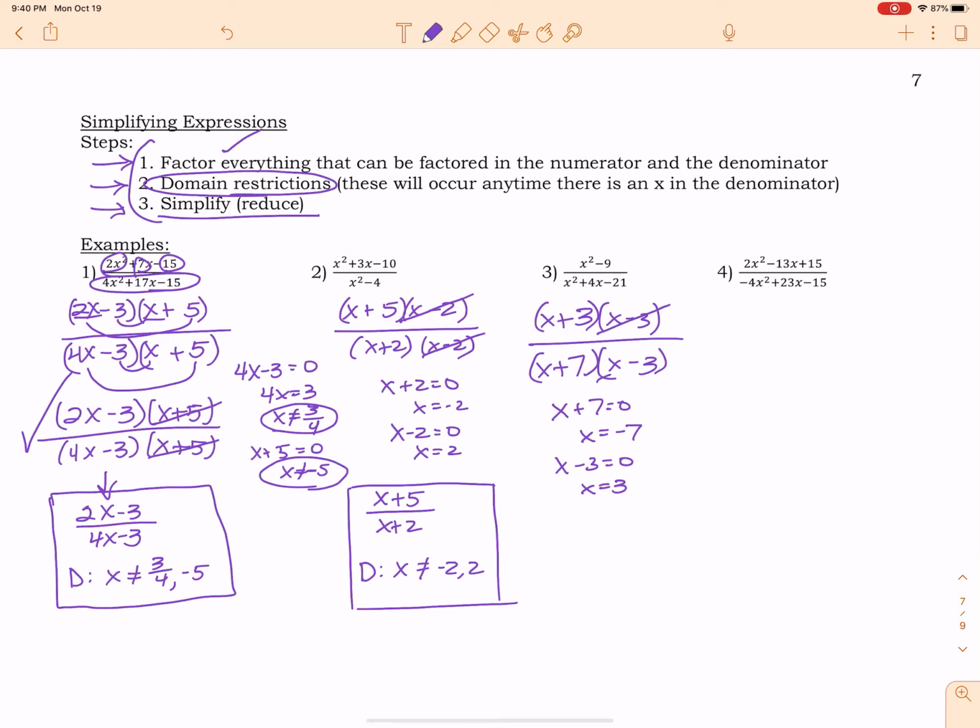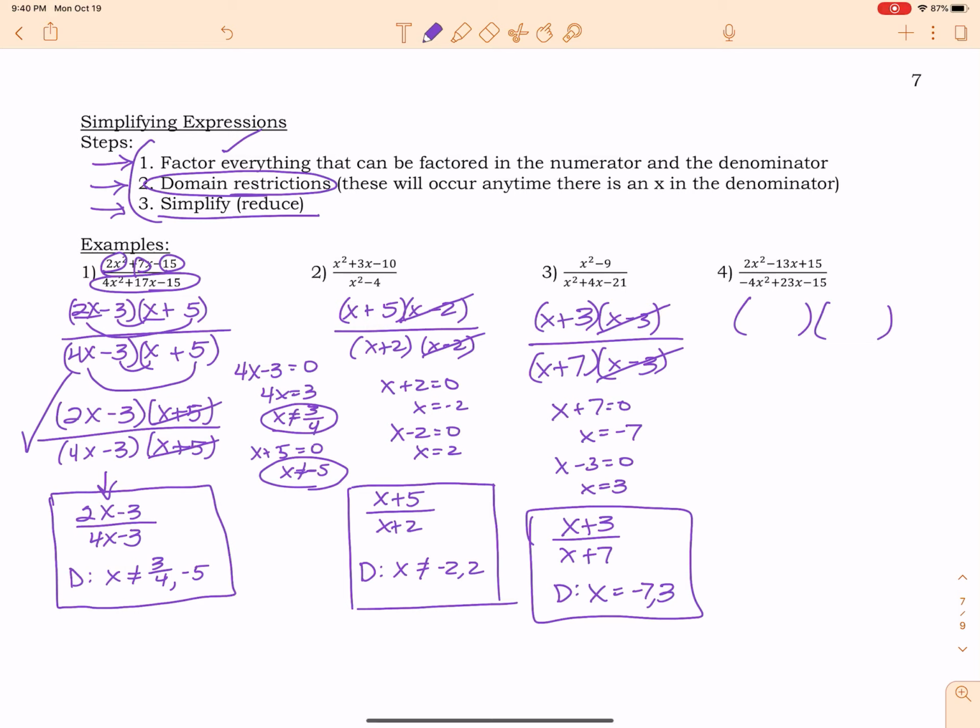And then now I'm going to reduce, and now my answer, my simplified expression, is x plus 3 over x plus 7. The domain is restricted to where x cannot be equal to -7 or 3. Groovy. All right, last problem. Well, until we get to the next one. Oh, y'all are not going to like this one. This is going to be rough. Don't fret, though. We got this.